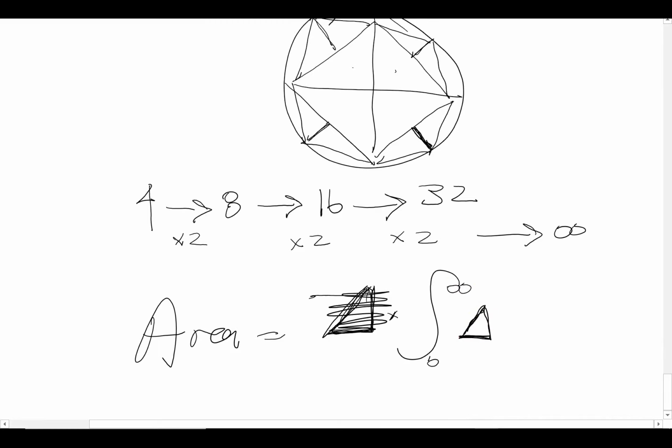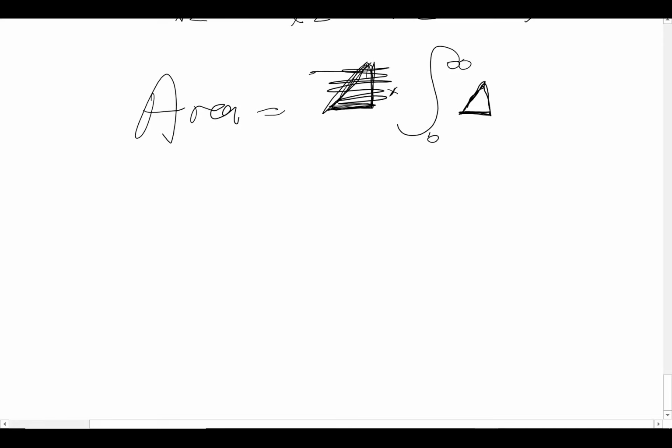A is the area of the triangle, and then of course you do 2 times, this is 1 to infinity, so it's 2 to the I plus 2, so forth. Actually you start with 4 triangles, so 2 squared. So you have infinitely many triangles.